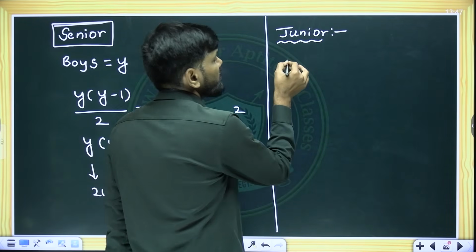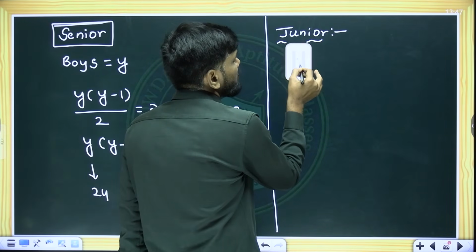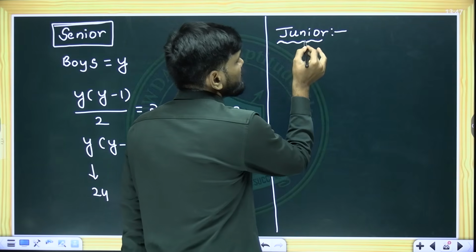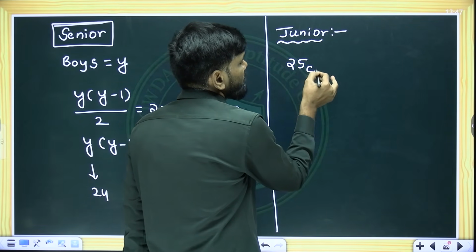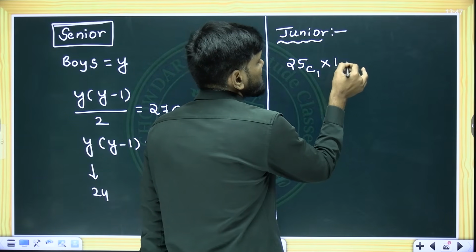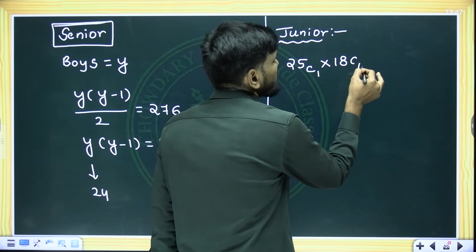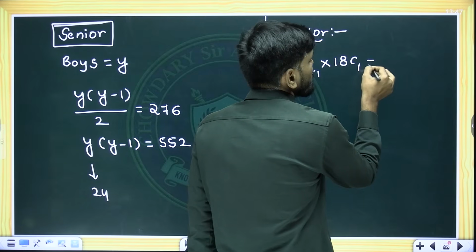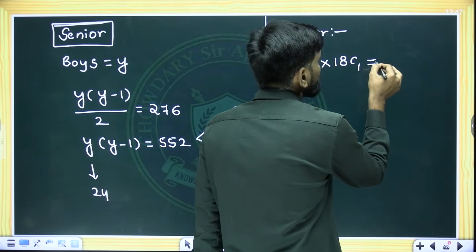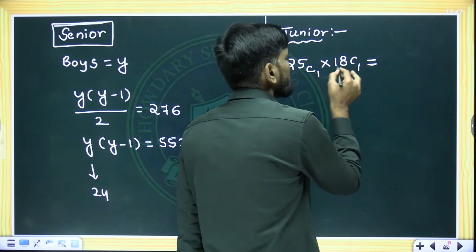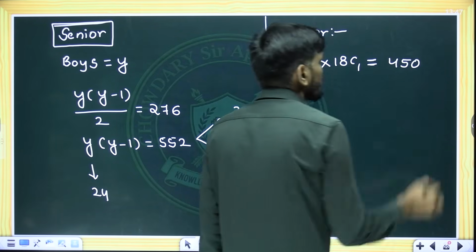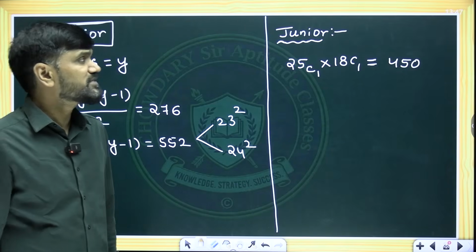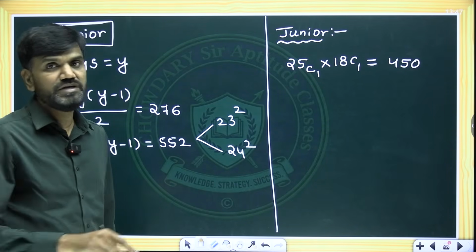Out of 25 boys, you choose one, and out of 18 girls, you choose one. That gives 25 into 18, which is 450. That is the number of boy versus girl matches at junior level.